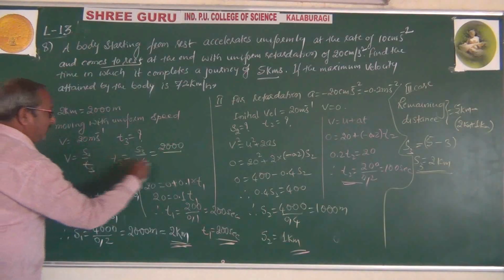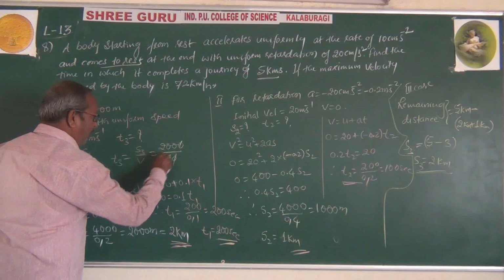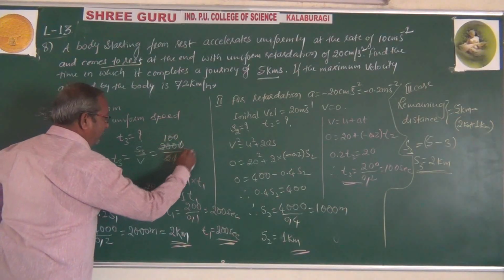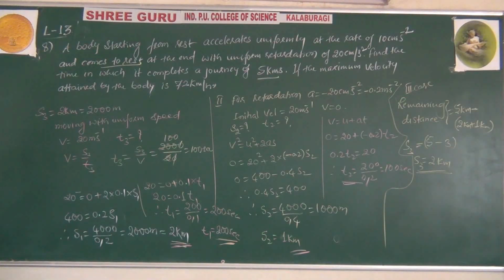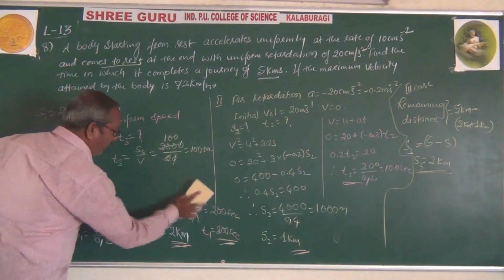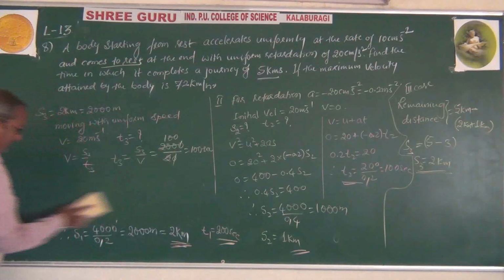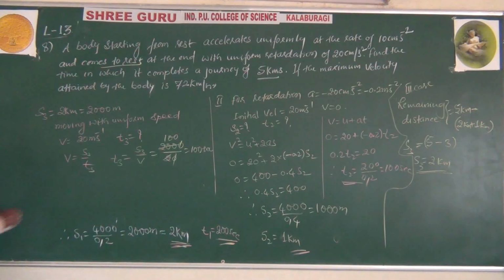And V is how much here? 20. That gives 100 seconds. Time T3 is 100 seconds.